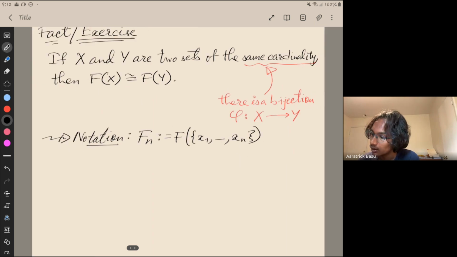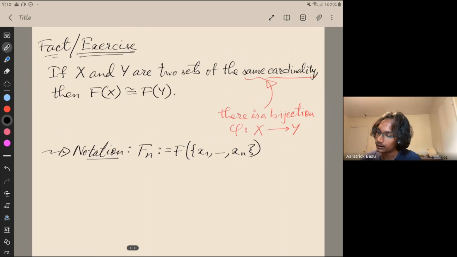Right. So there's a small fact that we need, which is also not that hard of an exercise, based on what I've just told you and some basic facts about groups. Maybe I'll mention one more fact which might make this a little bit easier. If X and Y are any two sets of the same cardinality, then what do I mean by same cardinality?